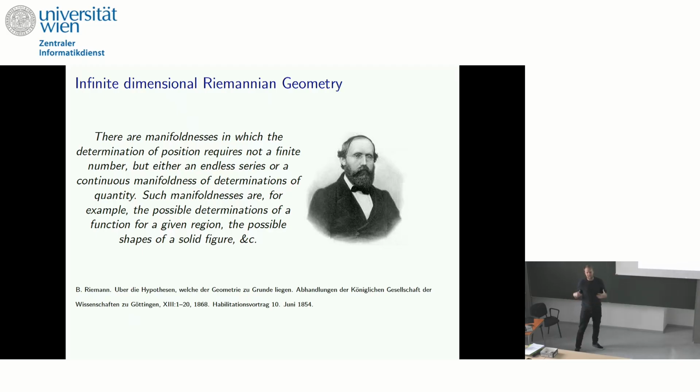Indeed, if we think back about our first differential geometry class, we all learned that a manifold is something that looks like a Euclidean space. How can we define this in infinite dimensions? Of course, we cannot say that it looks like a Euclidean space, but we need a replacement, some infinite dimensional vector space, and depending on what it is, it might be a Hilbert manifold or a Fréchet manifold, if you want to be even more general.